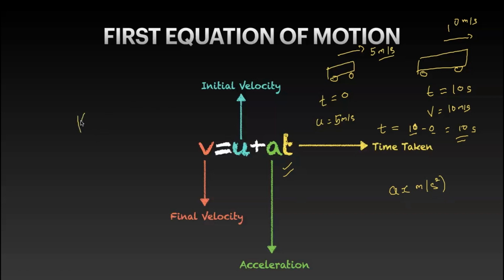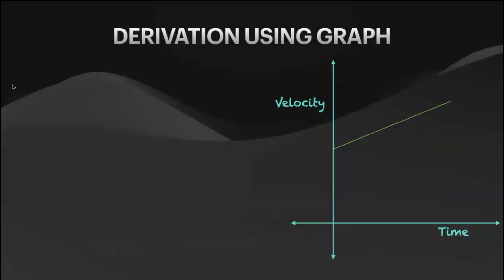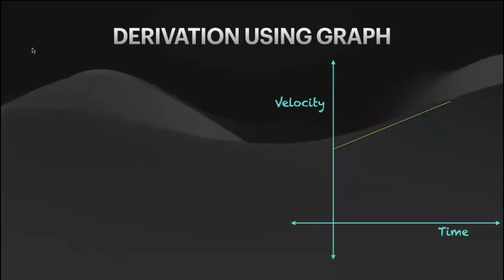Initial velocity can be given in kilometer per hour, it can even be in meter per hour. But generally in the questions we will be dealing with, velocity will be in meter per second and acceleration in meter per second square. Is this clear? So let us derive the first equation of motion using a graph.